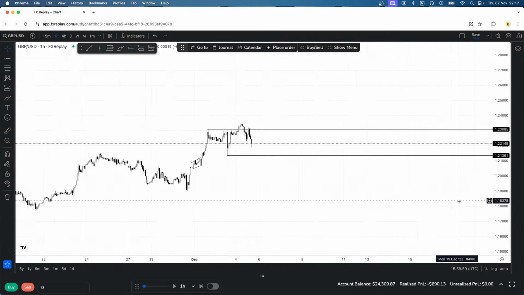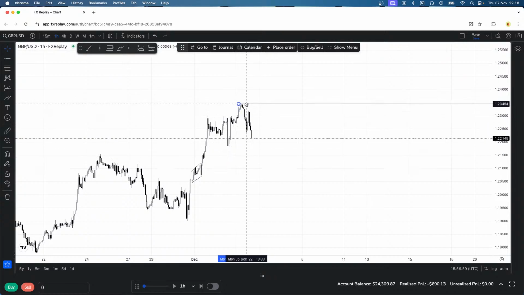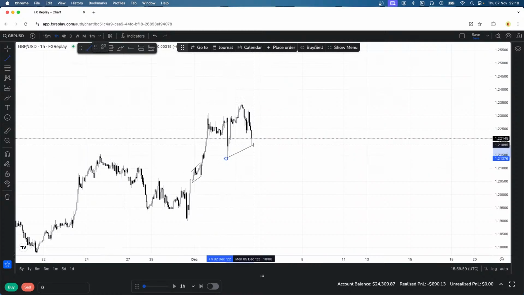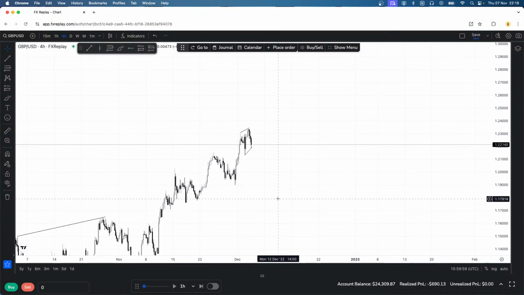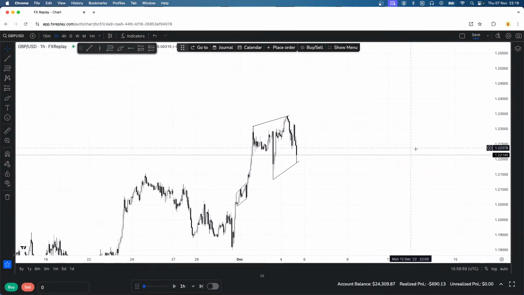Okay, now this is a setup. Right, I'm gonna look at this as a possible pattern. So what I want to see, a reversal, a pullback, then I'll look for buys.